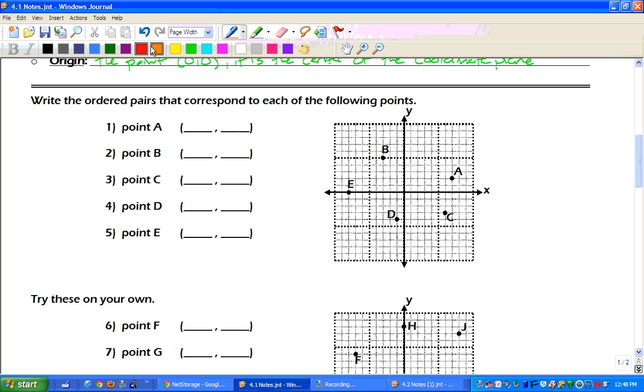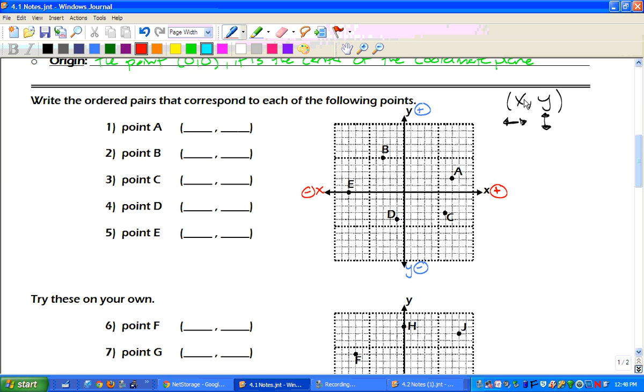So what I always like to do is when we first start off, I'm going to write that x is positive this way and x is negative to the left. Y is positive when we go up and y is negative when we go down. So if I want to know where point A is, you have to tell me the directions to go. Remember that it's x comma y, and our x tells us to go either left or right, and the y tells us to go up or down.